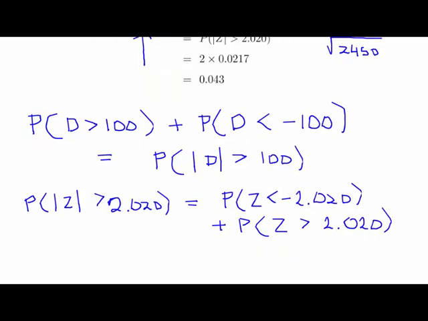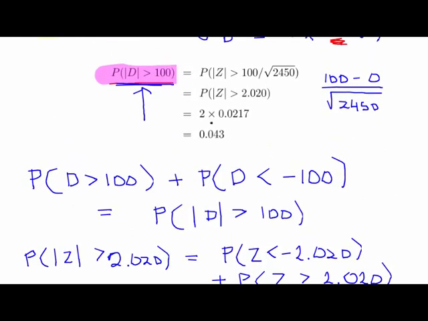Now by the symmetry rule, these numbers are actually equal to each other. So that's why we have here 2 times 0.0217. Okay, so that's just a matter of looking one of them up in the tables.